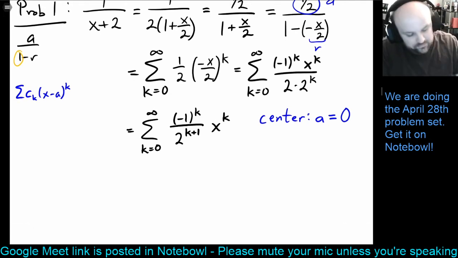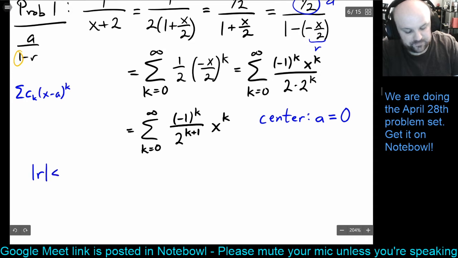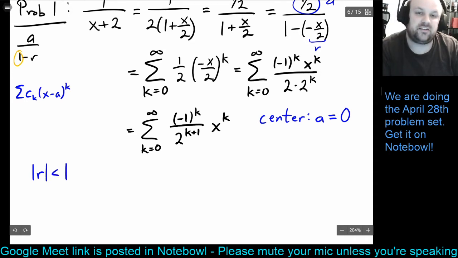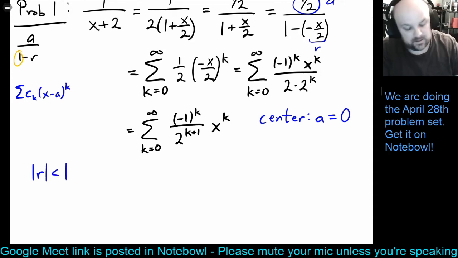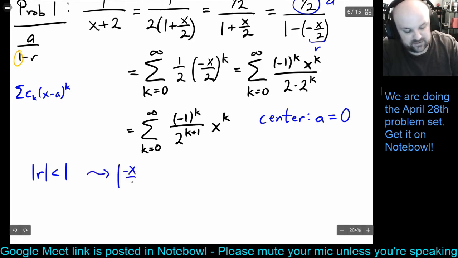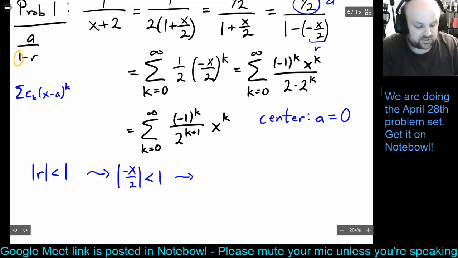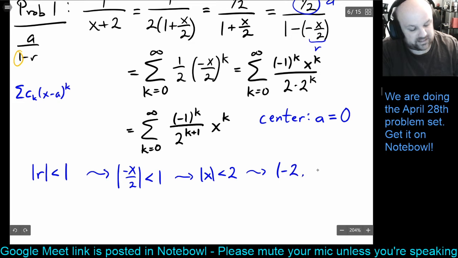For a geometric series, it converges when the absolute value of r is less than 1. So here, we're saying the absolute value of negative x over 2 is less than 1, which tells us the absolute value of x is less than 2. And so the interval on which this converges would be from -2 to 2.